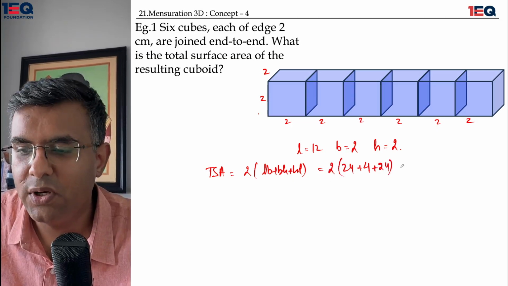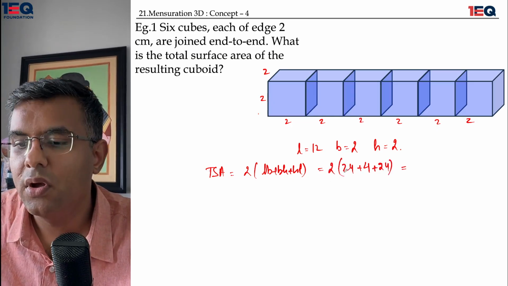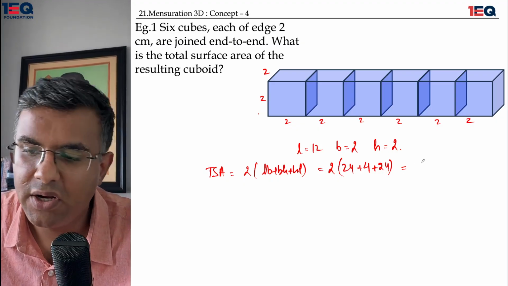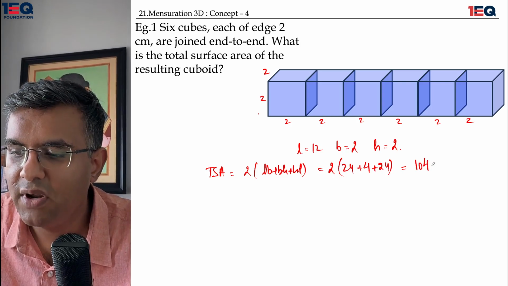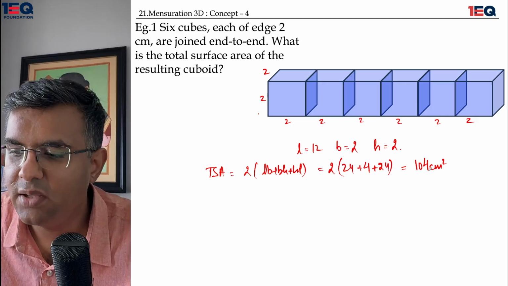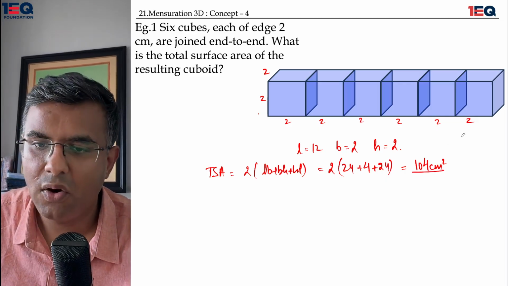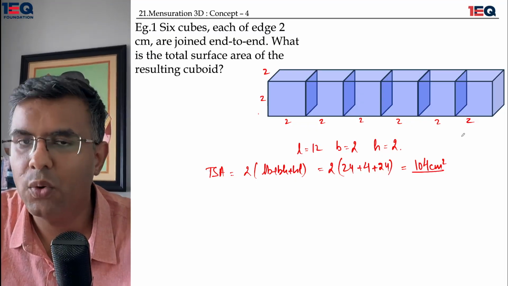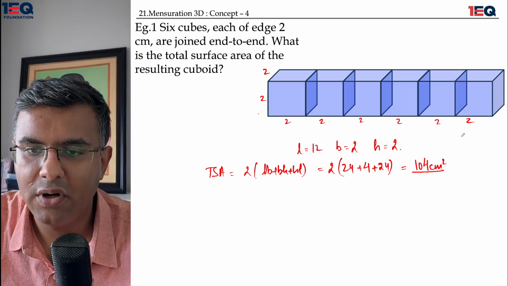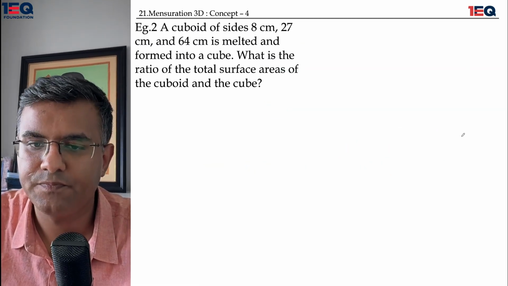This is going to be multiplied by 2. 24 plus 24 is 48, 48 plus 4 is 52, 52 into 2 is 104 centimeter square. So this was what I was looking for. Got it? Let's move ahead.